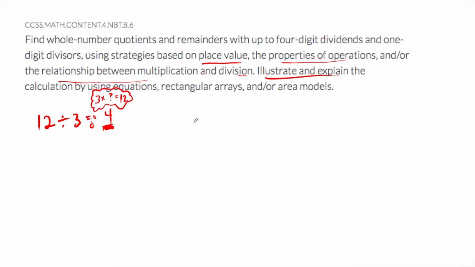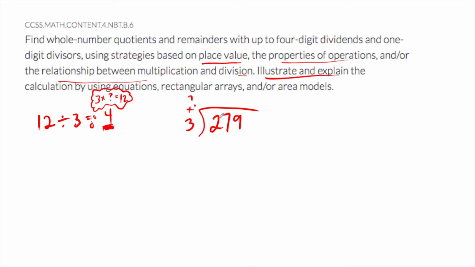Students are going to be dividing, let's say, 279 by 3. They're going to be asking themselves 3 times what makes 279. Now the trick is this is so big that they're not going to be able to do it all at once.